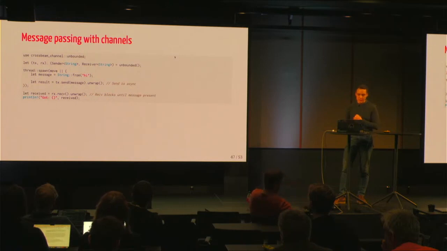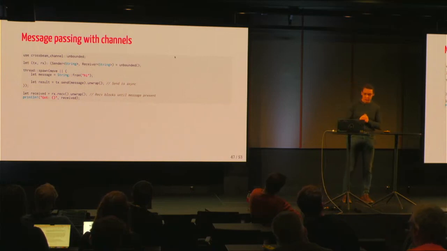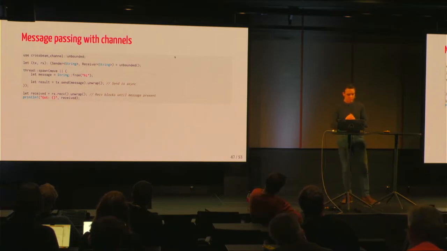So we create the string "hi" and we send it on the channel, and on the outer thread we call receive, which blocks until a message is present, and we print that. So that's the basic usage when it comes to channels and threads.